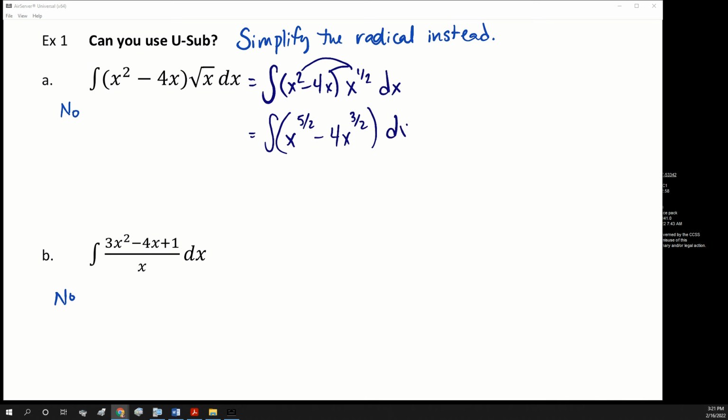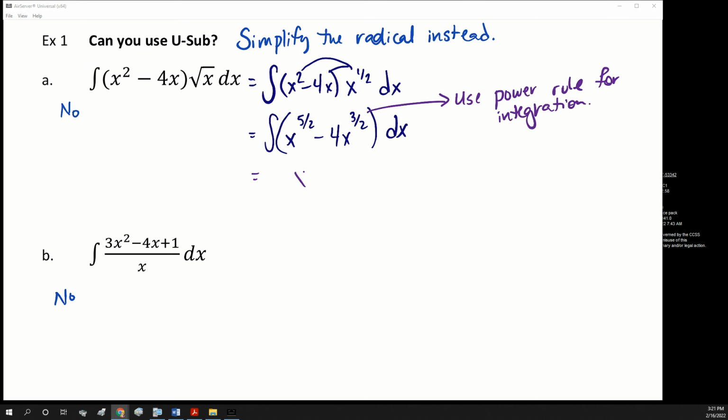All right. And then this one, we would just start to integrate just using the power rule for integration. So we would add 1 to our exponent.